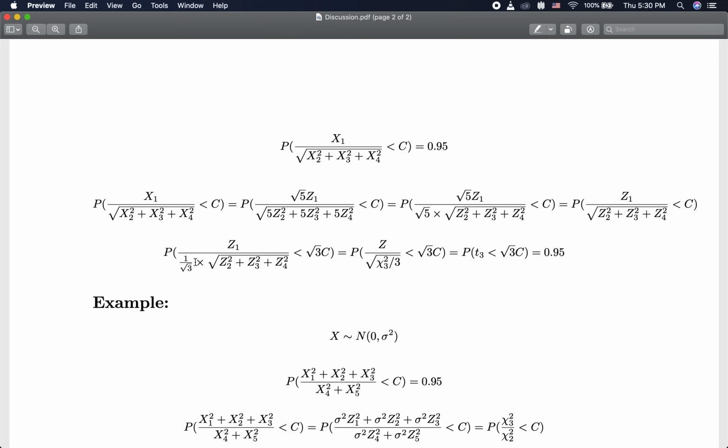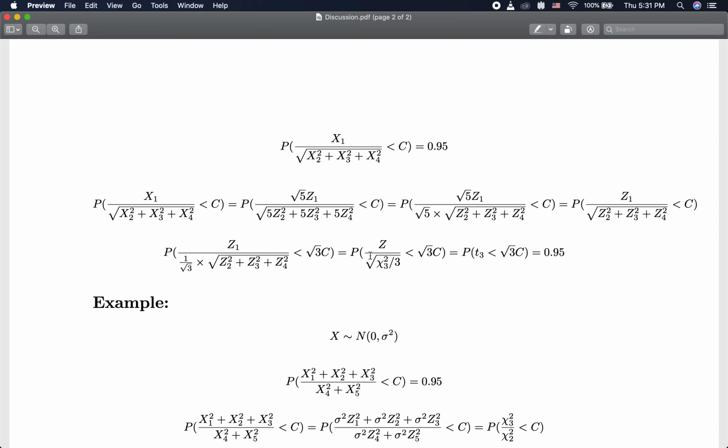And also we are going to multiply square root of 3 on both sides. So based on this targeted construction here, we will have a chi-square distribution with degree of freedom 3, over its degree of freedom 3.